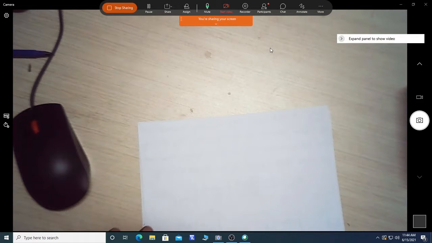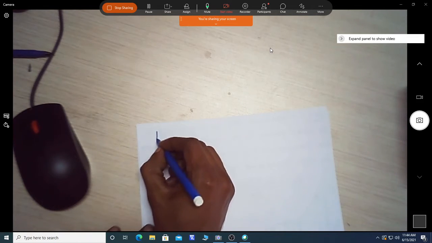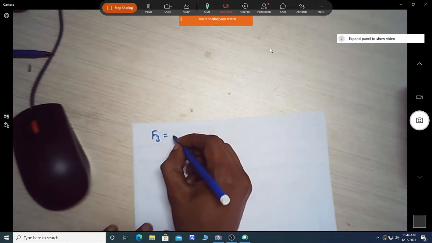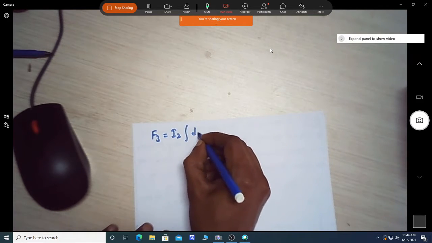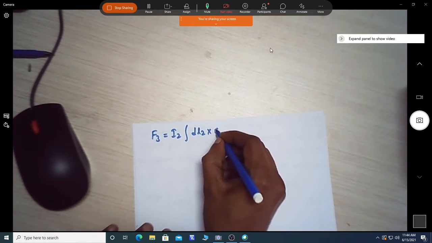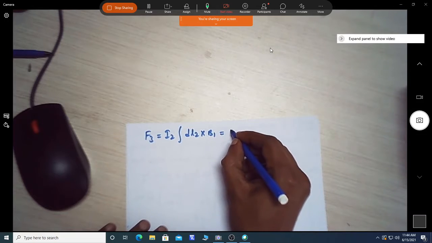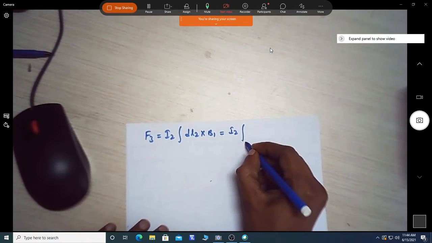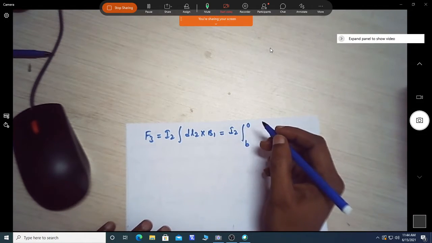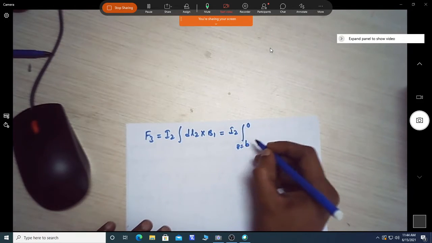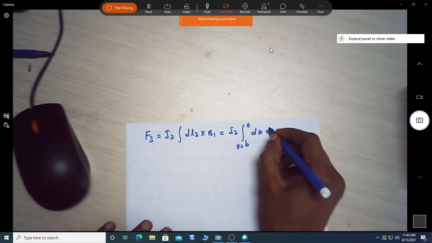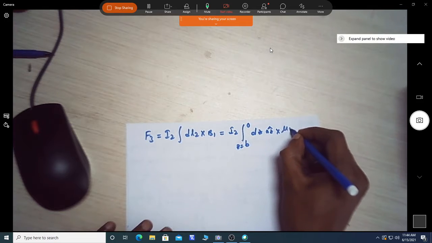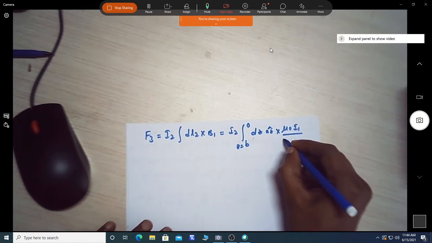Now F3 is given by, again, I2 integration of dl2 cross B1, which is equal to I2, z equal to B to 0 dz az, into mu naught I1 divided by 2 pi.